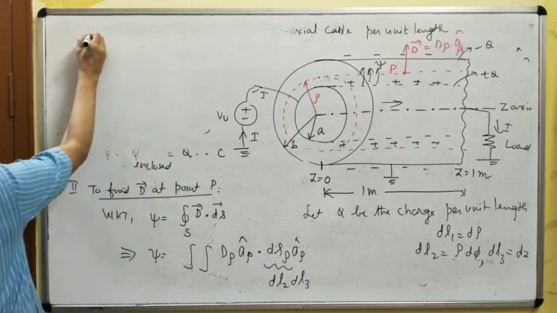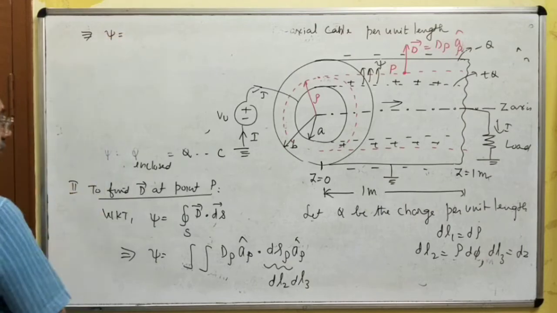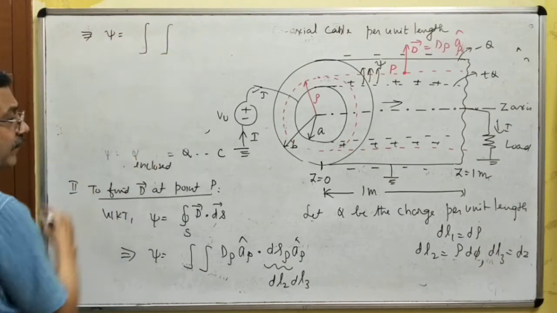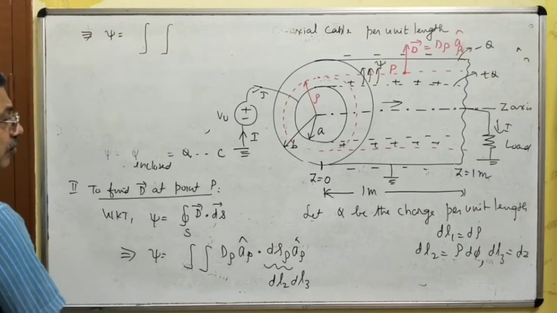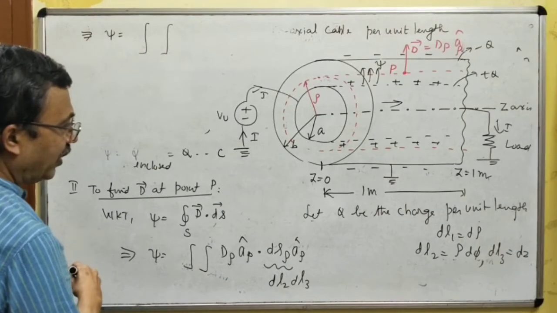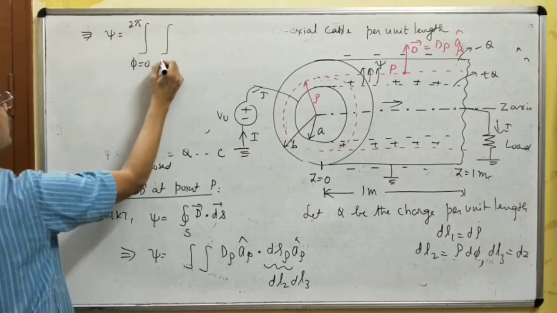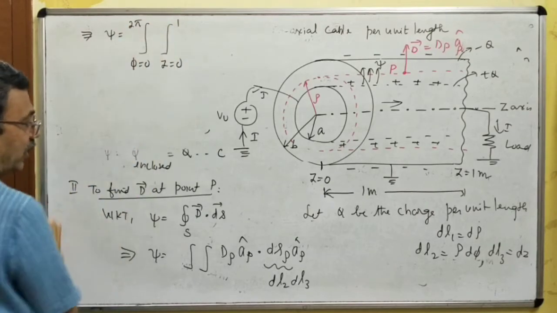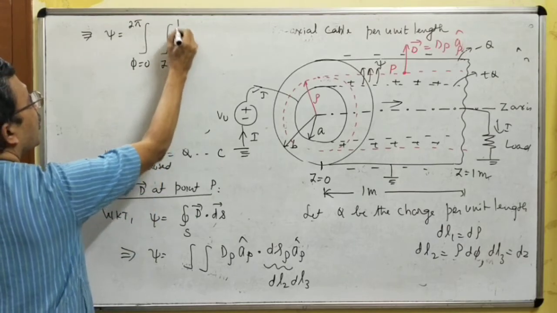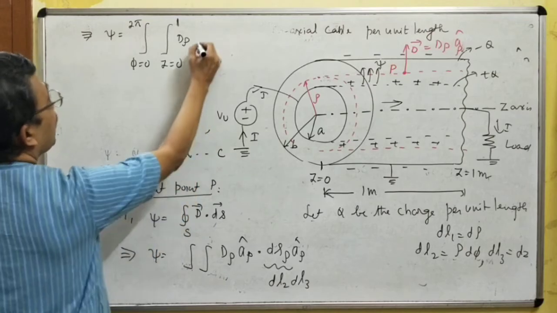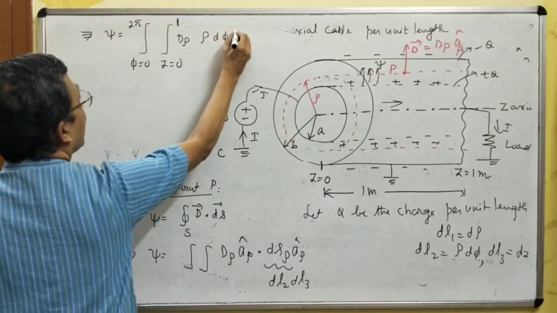This implies psi is equal to the double integral over the domains of phi and z. Phi varies from 0 to 2 pi, z varies from 0 to 1, d rho. A rho cap dot a rho cap is 1, dl2 into dl3 is rho into d phi into dz.